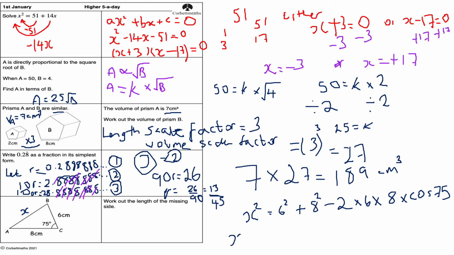So x is going to be the square root of all this. So I'm just going to put square root of answer, ANS. Let's delete that line and make it a bit smaller. So the square root of all this. Working this on my calculator, guys, I'm going to type this in.